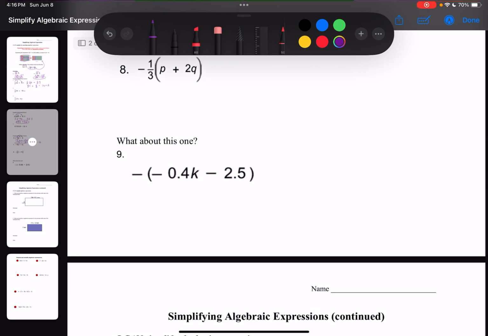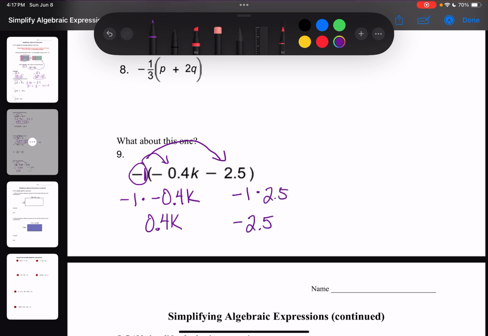The last one before we get to applications has a negative in front with no number in front. That just means there's an invisible 1 there. So -1 is being multiplied by each of the terms on the inside. -1 times negative 0.4k is going to be positive 0.4k, and -1 times 2.5 is going to give us negative 2.5.